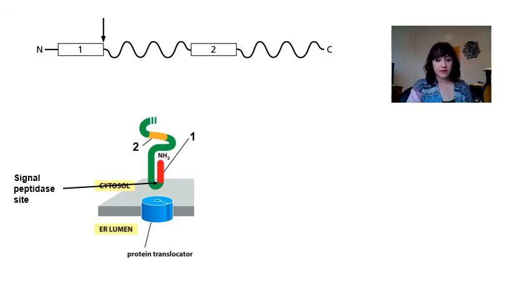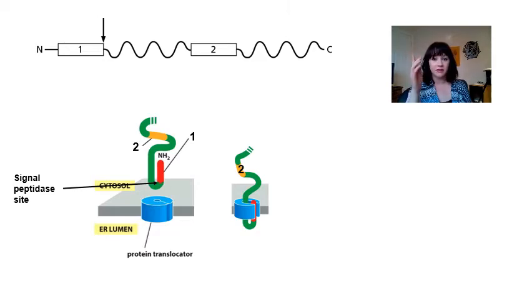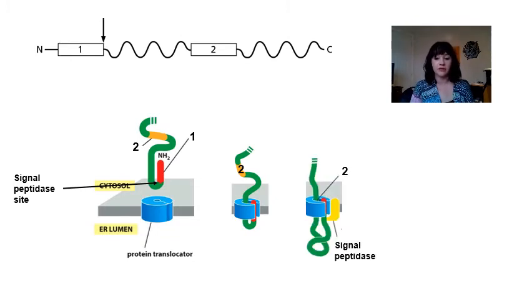As this protein is going to get inserted into the translocator, we know that the N-terminus region is going to be facing what? The cytosol. And then the rest of that protein is going to be shoved through the translocator until the translocator gets to that stop transfer sequence, which we have determined to be region 2 in our cartoon.